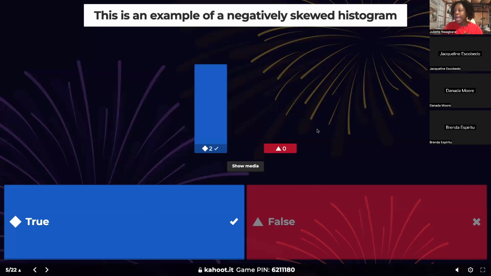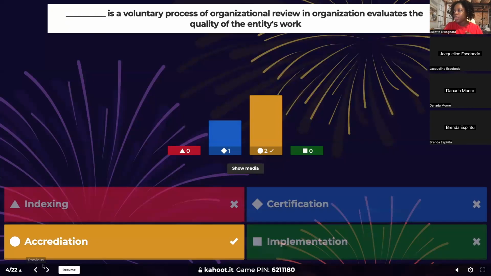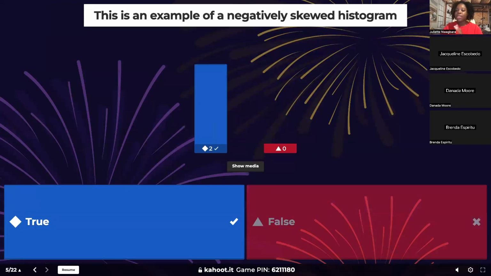If you look back at that image, it won't let me show you, but you'd see that the tail was in the front. So the dip was in the front, which means that it's negative versus being in the back. So if you see a dip in the front, it is a negatively skewed histogram. If it's dipped in the back, then it is a positive. Okay, so that was a negative.